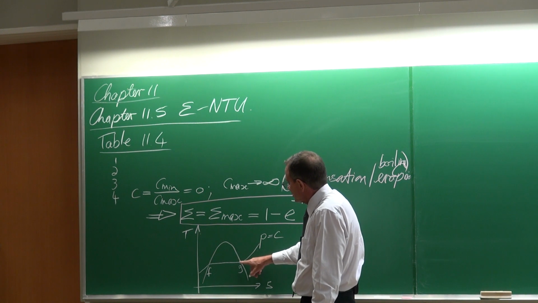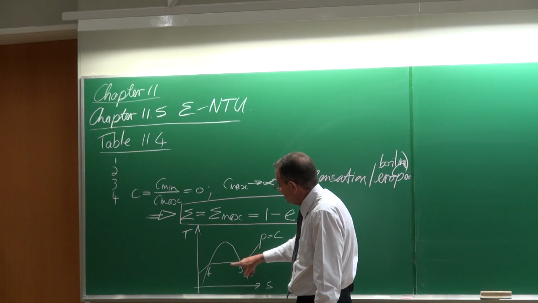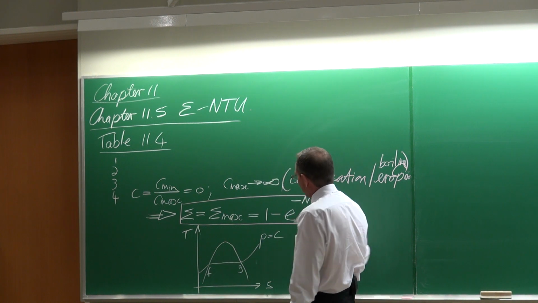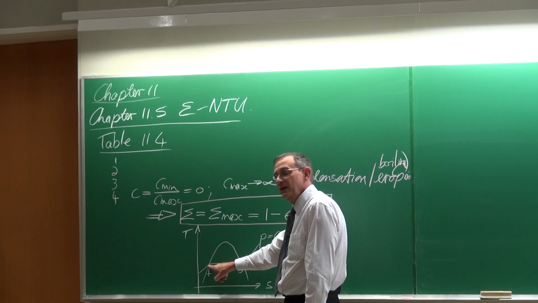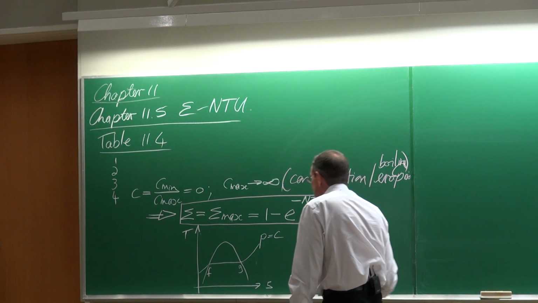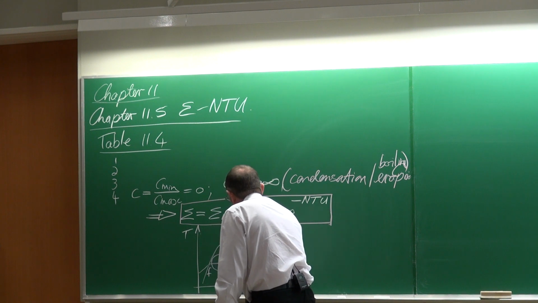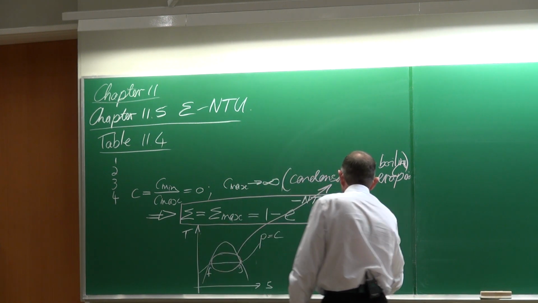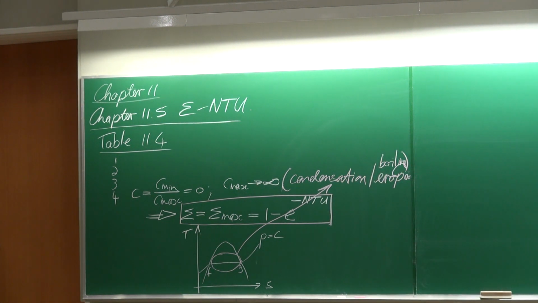So condensation will be the case where the gas changes to a fluid, or boiling or evaporation will be when it changes from a fluid to a gas. It therefore means that in general, it is always when we've got a two-phase change in the working fluid.